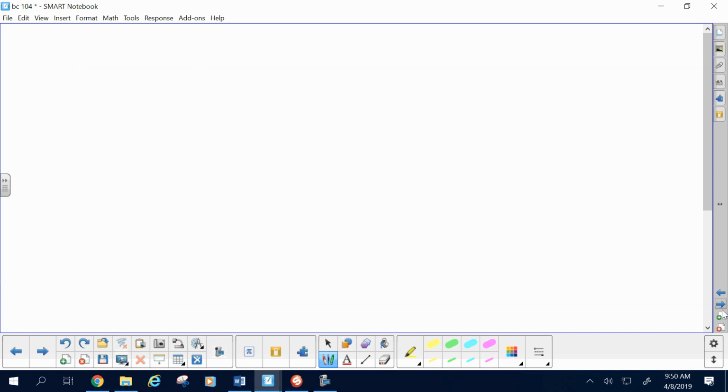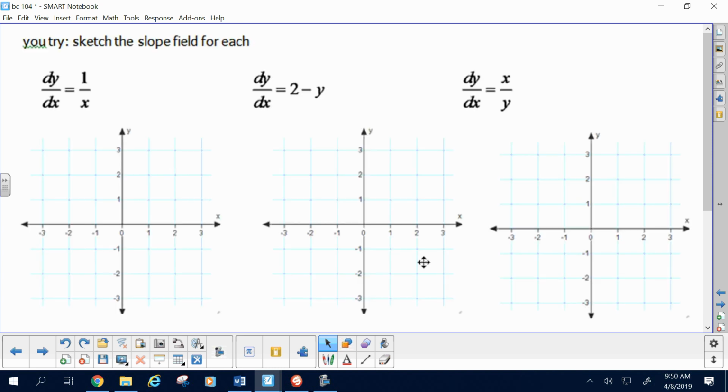That said then, would you try the ones at the bottom? In terms of saving you time, would you write yourself a note, please, this? 0 over non-zero is 0, obviously, so that's horizontal slope.